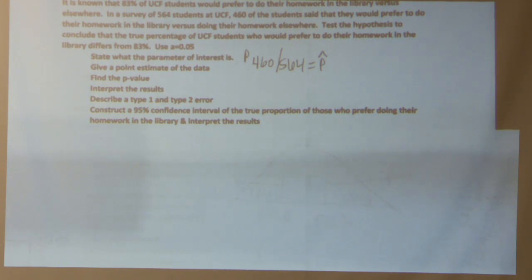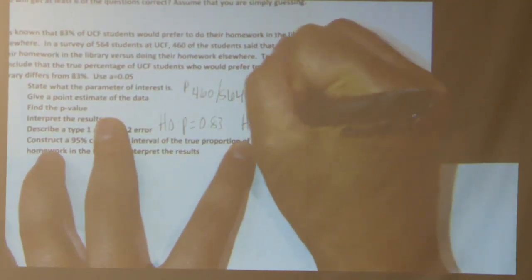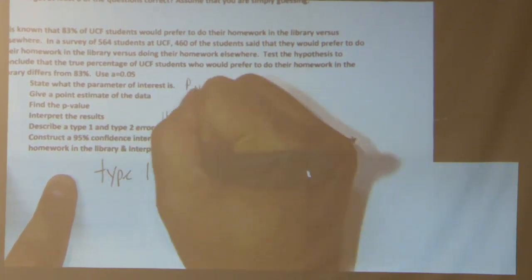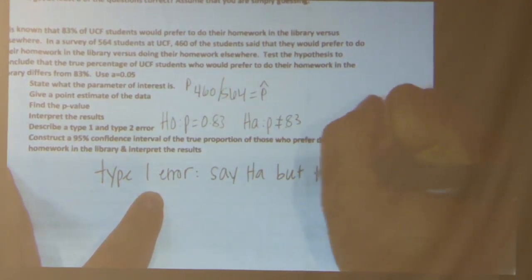Okay, so next we want to describe a type 1 and type 2 error. So again, I'm just going to put our null and alternative hypotheses. So a type 1 error is when you say the alternative is true, but the null is true.